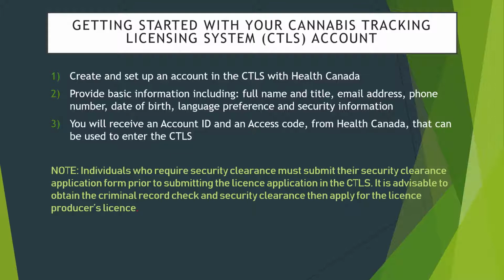You will receive an account ID and an access code from Health Canada that can be used to enter the CTLS thereafter. Note, individuals who require security clearance must submit their security clearance application prior to submitting the license application in the CTLS. This is advisable and beneficial to you because it will save you time and it will prevent you from getting your application rejected based on delay.